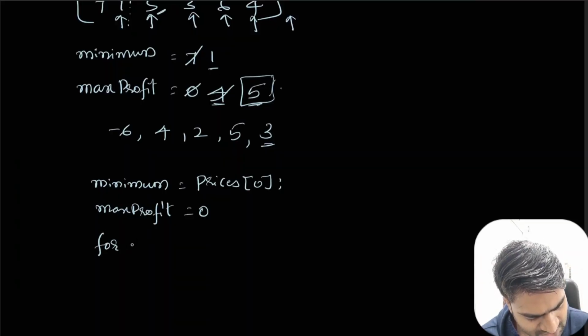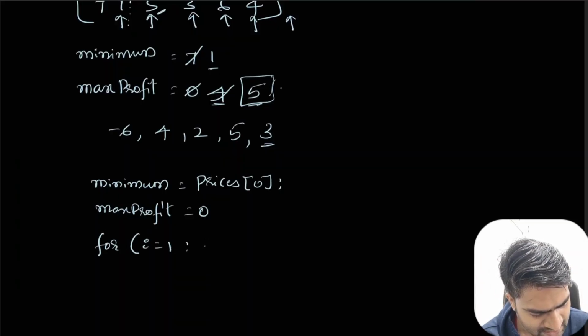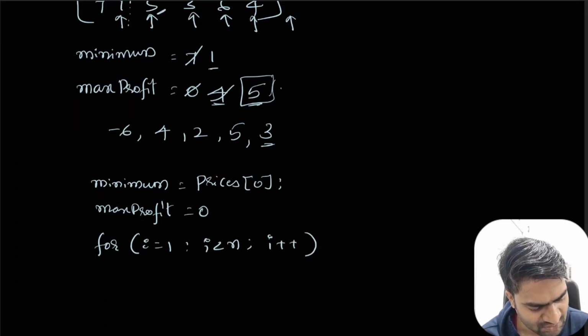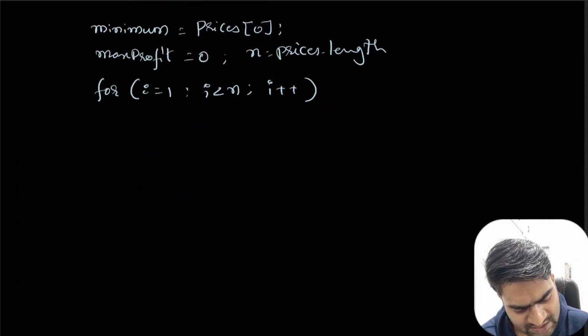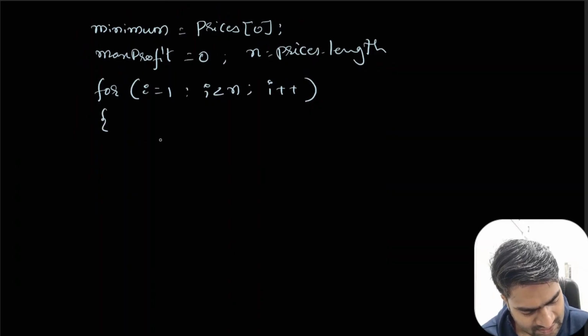Now for I equal to 1, I less than n, I plus plus. I will also use n equal to prices dot length here. Now with this, I will find the profit.